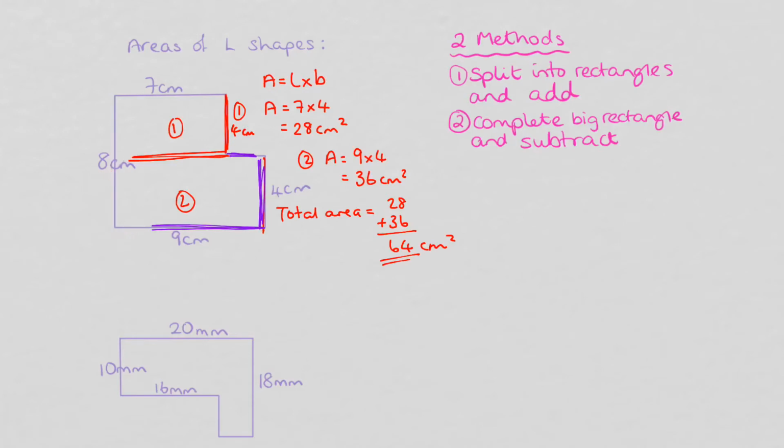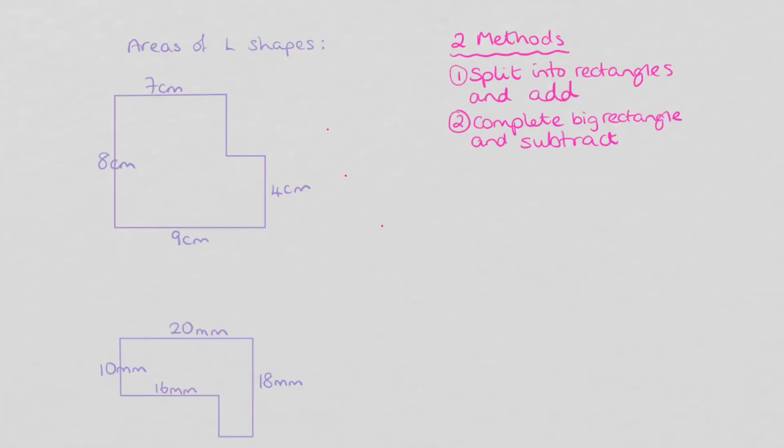Okay, let's get rid of my scribbles from here. Then we're going to look at the second method where we complete the big rectangle and subtract. So I'm going to have to move this out of the way anyway. Okay, so completing the big rectangle will be here.